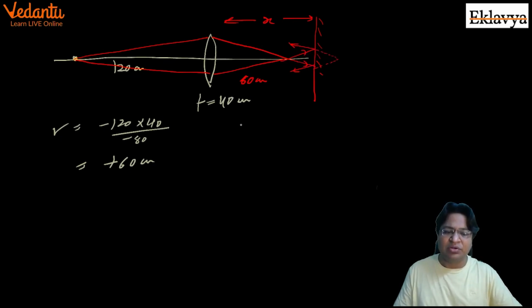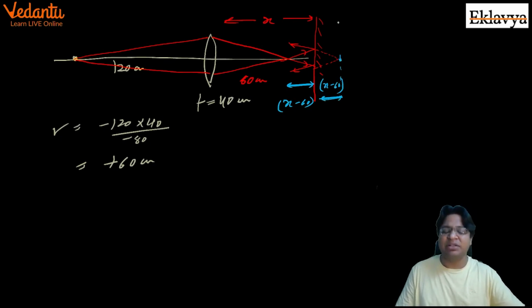So this distance would be x minus 60. So the image will be found at the same distance behind the mirror, x minus 60. So the distance of this from the lens is actually x plus x minus 60.